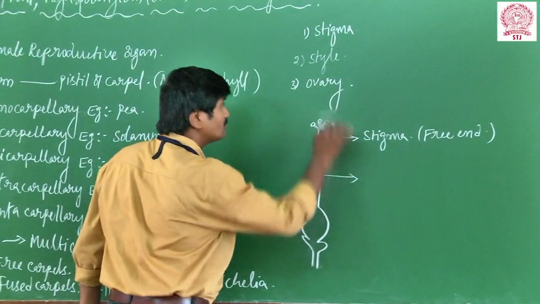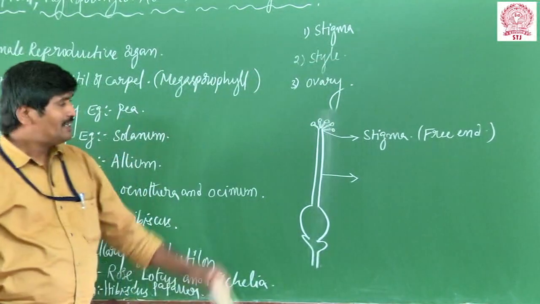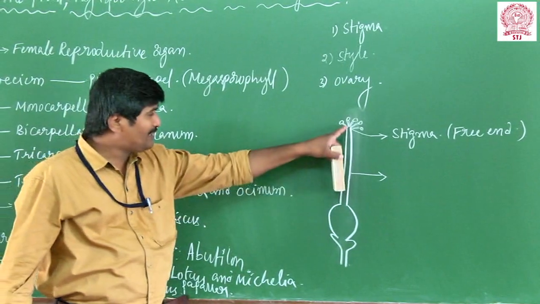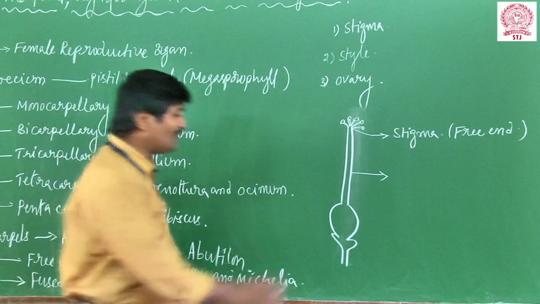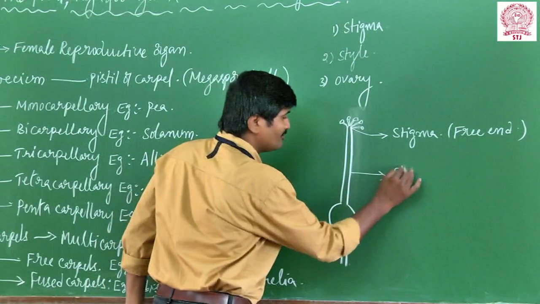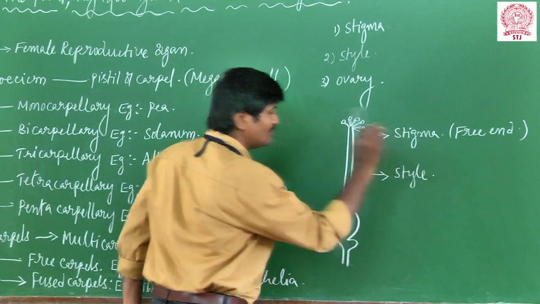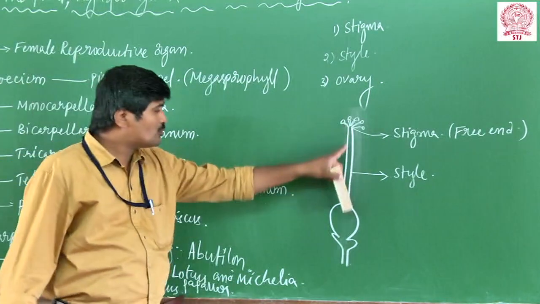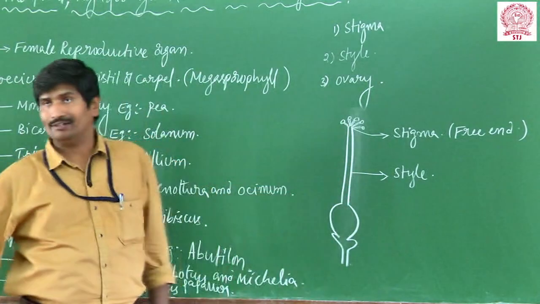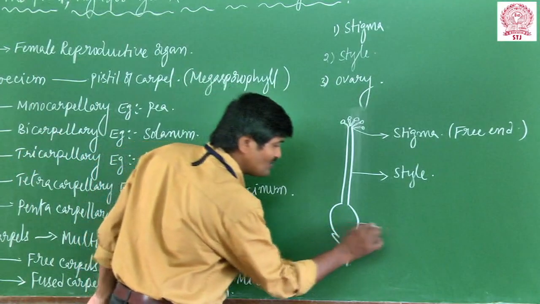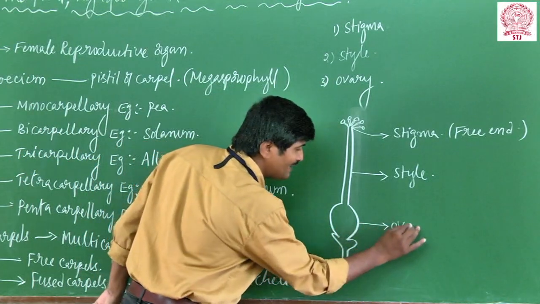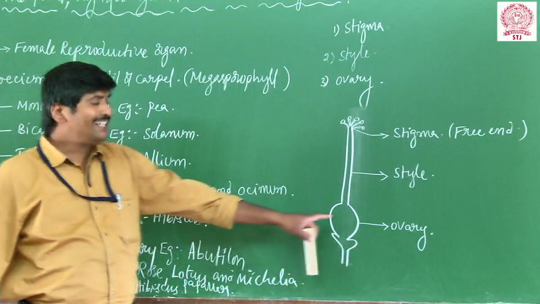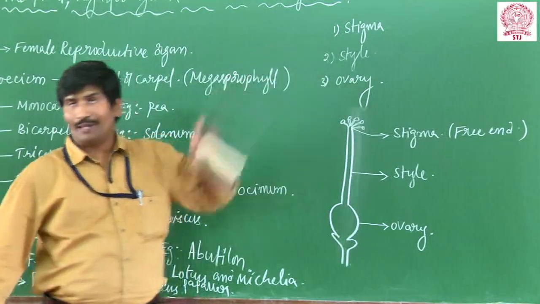Second one, style. It is a long tubular structure present between stigma and ovary. The pollen tube grows through the style. Next one, ovary. It is the basal part of each carpel.